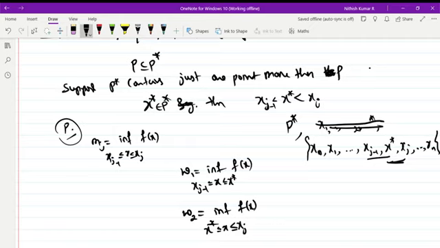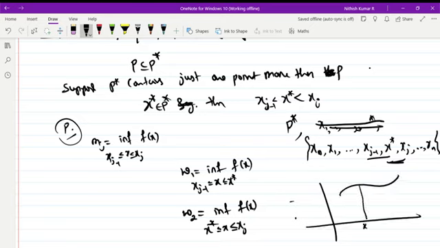Say the curve is something like this. This is xj minus 1 and this is xj, and I have x star. This partition is in P star.